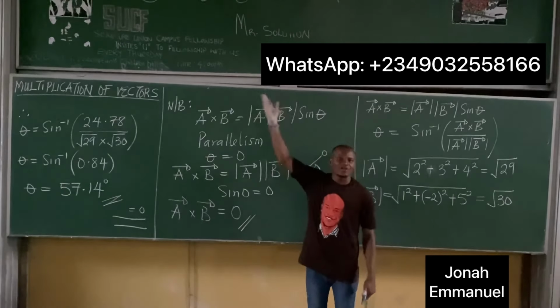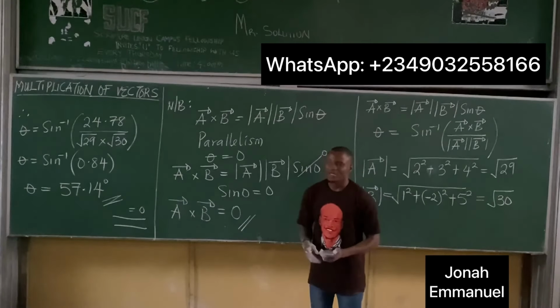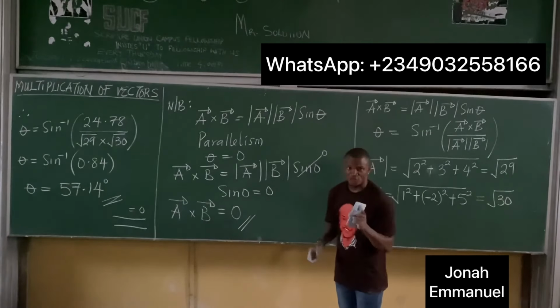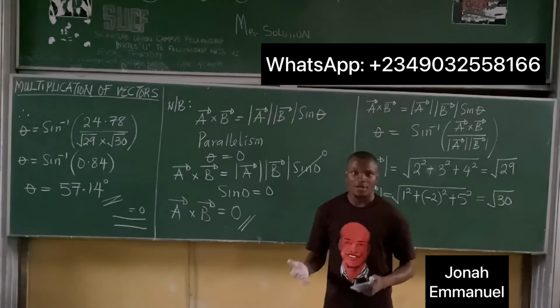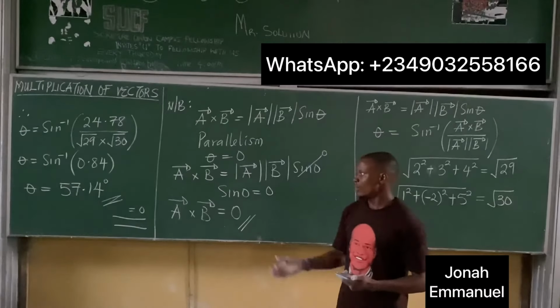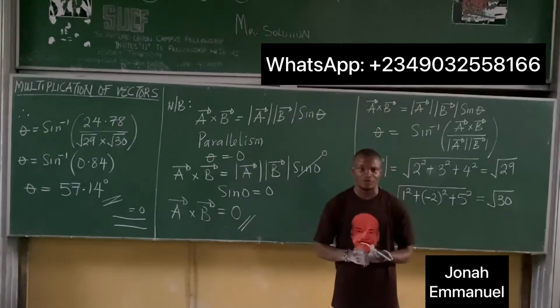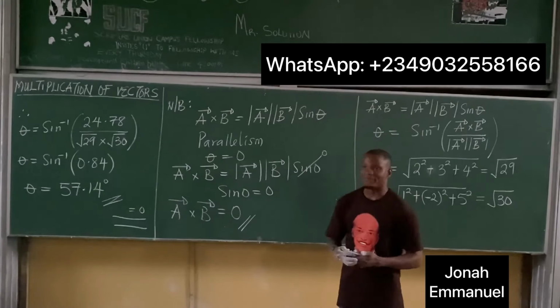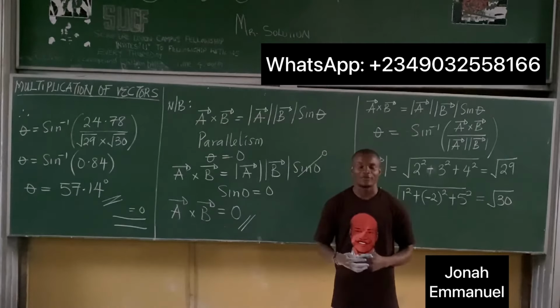As we said in the previous class, if they say two vectors are perpendicular, it means that their dot product, A dot B, is equal to 0. Alright, so that's as much as we can take for today for vector product or cross product of vectors.